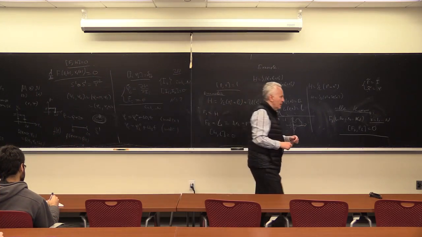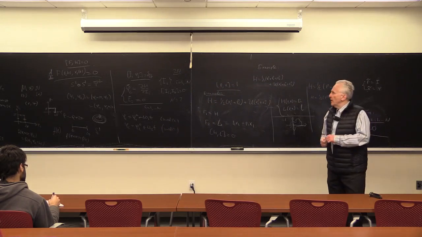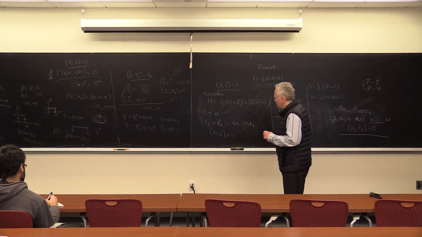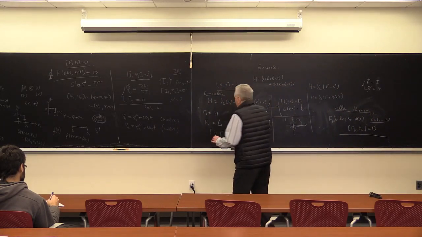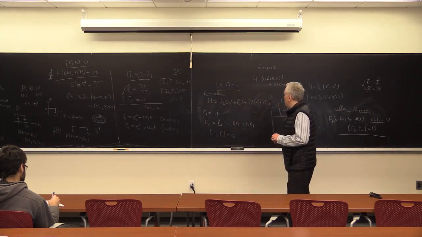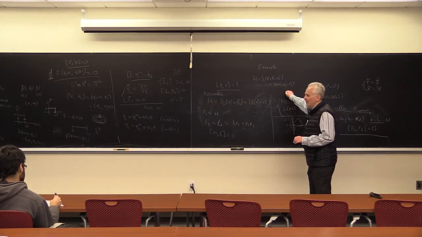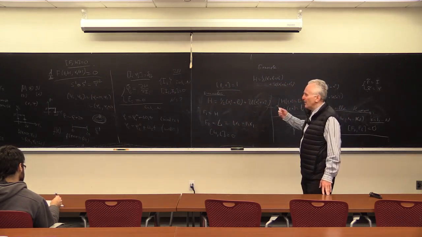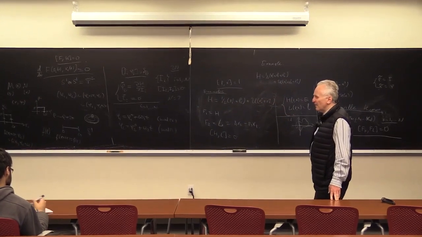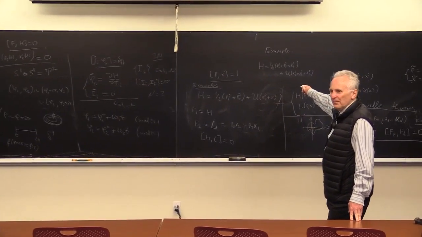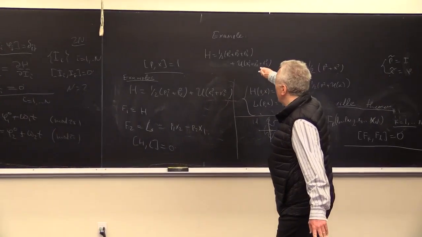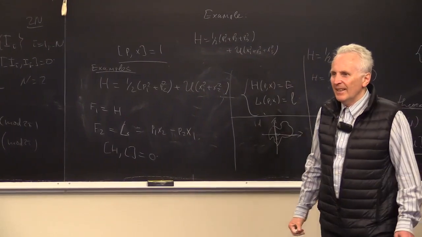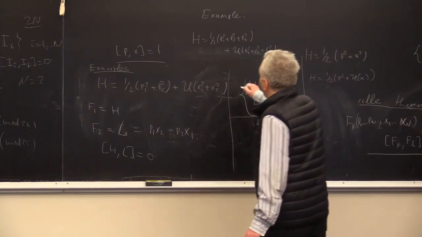Are you satisfied with it? Okay. Now that you know what an integral of motion is, you have to tell me the formula for it, or what kind of integrals of motion we have in this case. Maybe L1, L2, L3. Yes, okay.